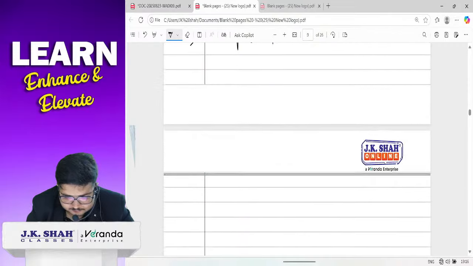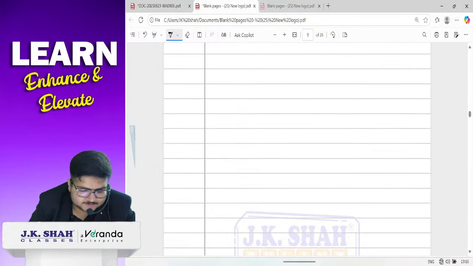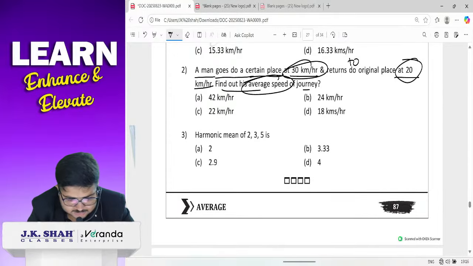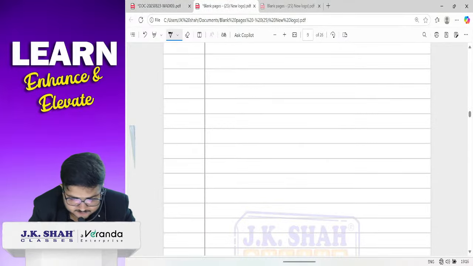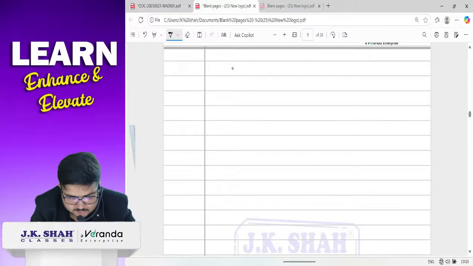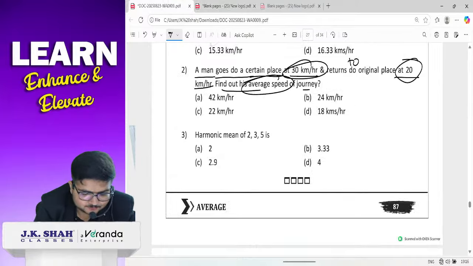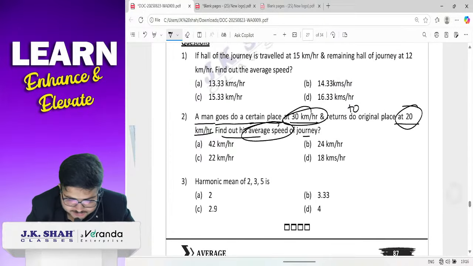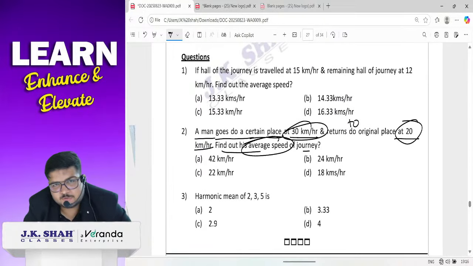Now let us do the sum. There are 2 observations, 30 and 20. I am going to teach you the second question. The first question and the third question are your homework, right? Because those sums are similar sums.